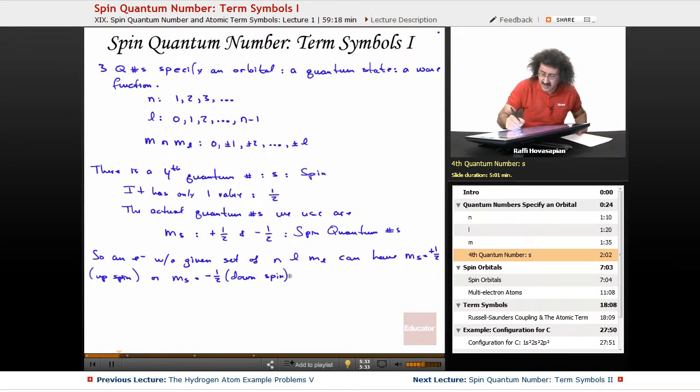That's it. And again, I'm not going to harp on this whole idea of a spinning top or a spinning electron and things like that. It's not altogether important. It's an intrinsic quality of the electron.